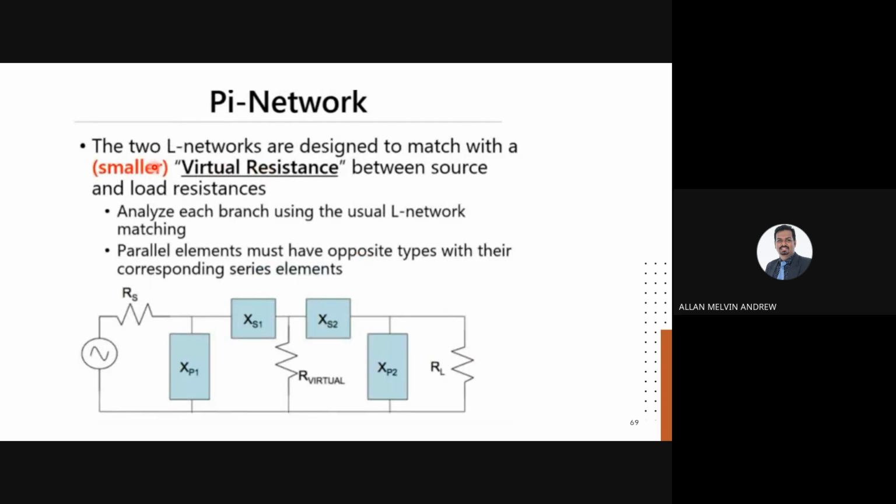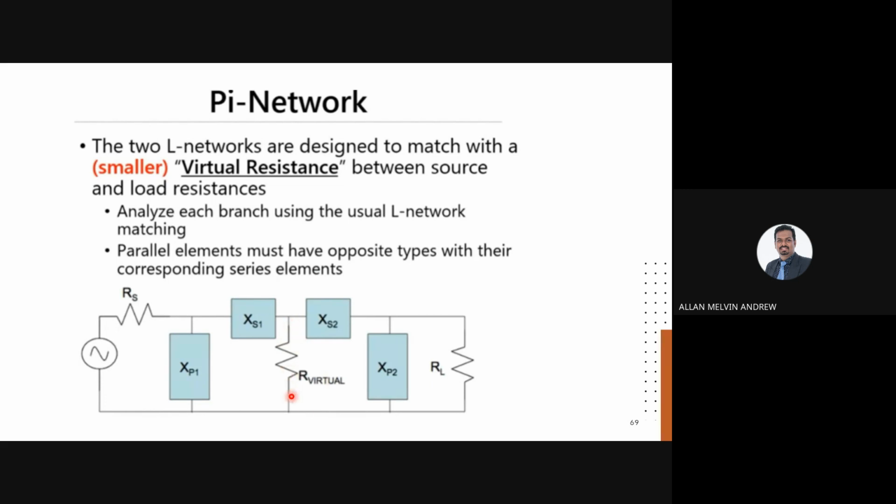The 2L network is designed to match with a smaller virtual resistance between the source and the load resistance. So we have a source resistance here and a load resistance here, and in between you have a 2L network. So in between here we have another virtual resistance.